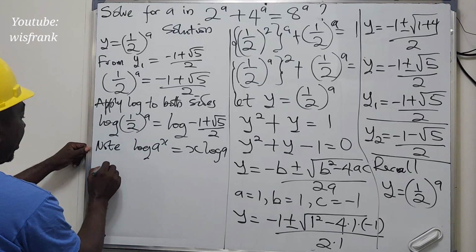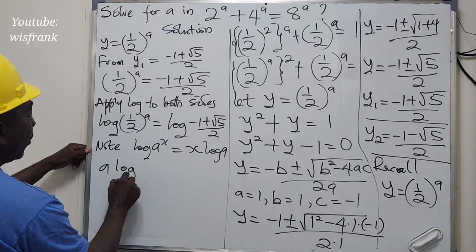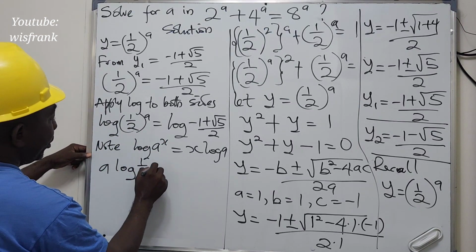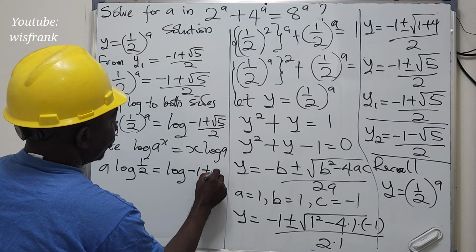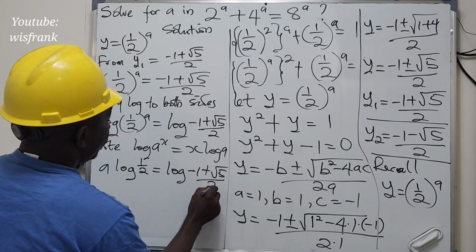So this becomes a log(1/2) equals log of (minus 1 plus root 5) all over 2.